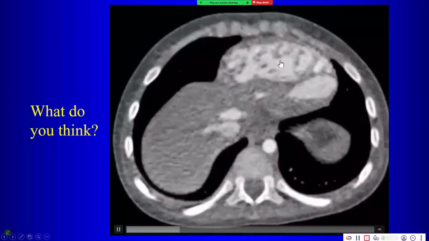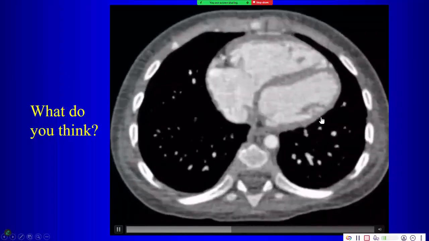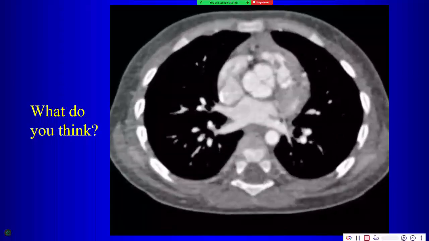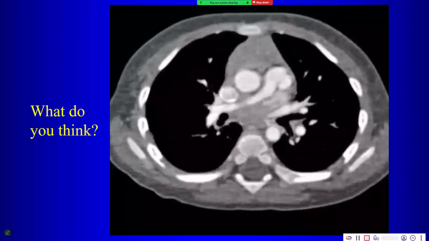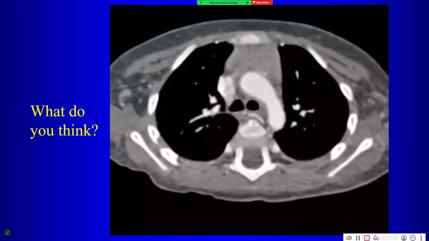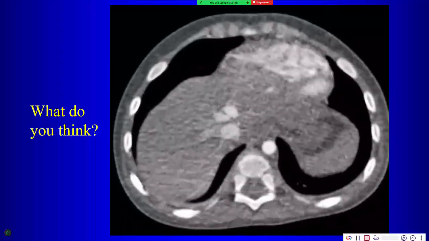So now we'll look at the right ventricular outflow. And here the right ventricle is connected to what? Well, what about the pulmonary artery? Where does the pulmonary artery come off?